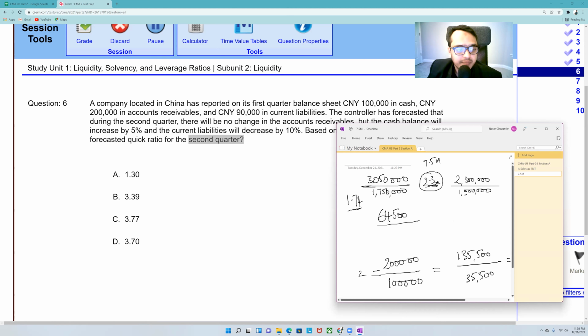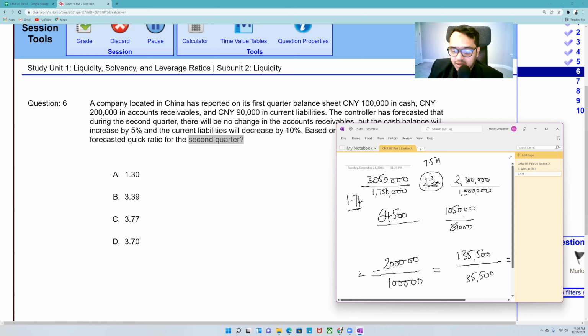If you see here, accounts receivable, he said, is not going to change. But what is going to change? Cash is going to increase by 5%, so it is going to be 105,000. And my current liabilities are going to decrease by 10%, so 90,000 minus 10% is 81,000.